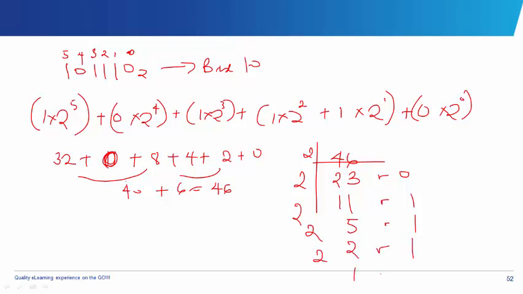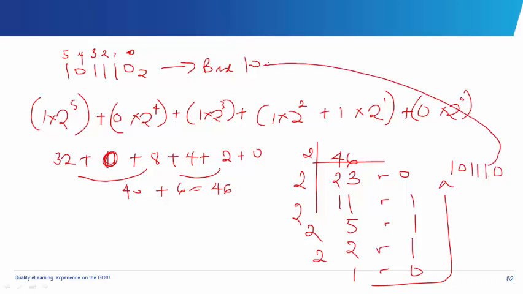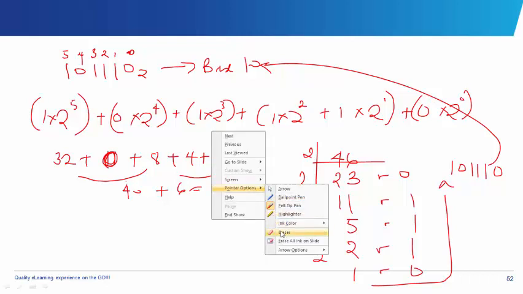Then 2 you have 1, remainder 0. So if we count up, this will have 1 0 1 1 1 0, which is what we started with. So we're correct.